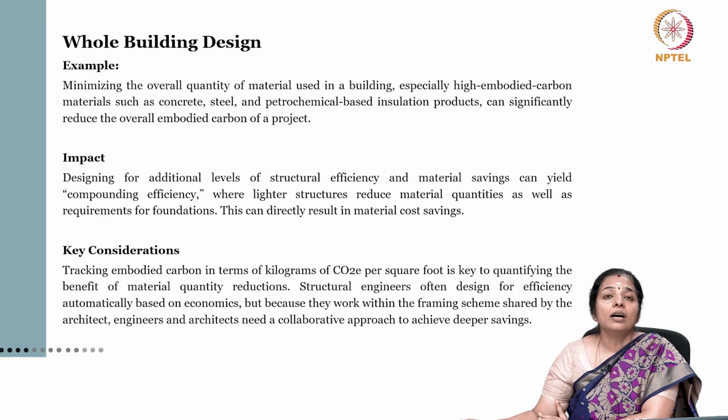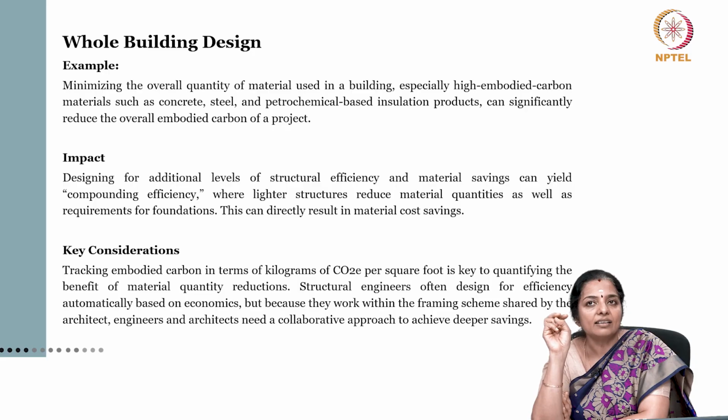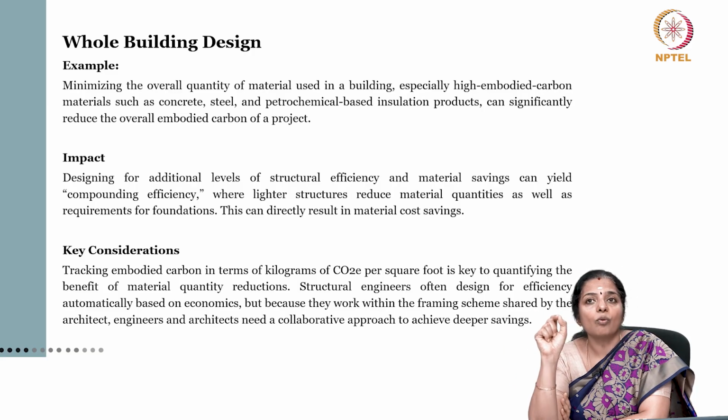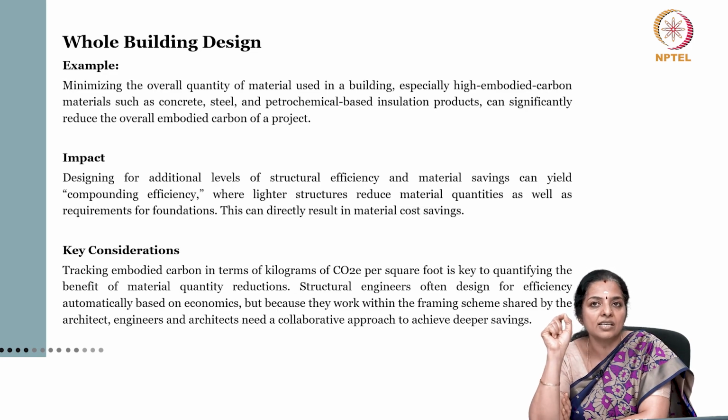So, when we look at whole building design, the strategies to reduce embodied carbon exist at every stage of the design process, from pre-design, site selection to occupancy. Minimizing the overall quantity of material used in a building, especially high embodied carbon materials such as concrete, steel and petrochemical based insulation products, can significantly reduce the overall embodied carbon of a project.